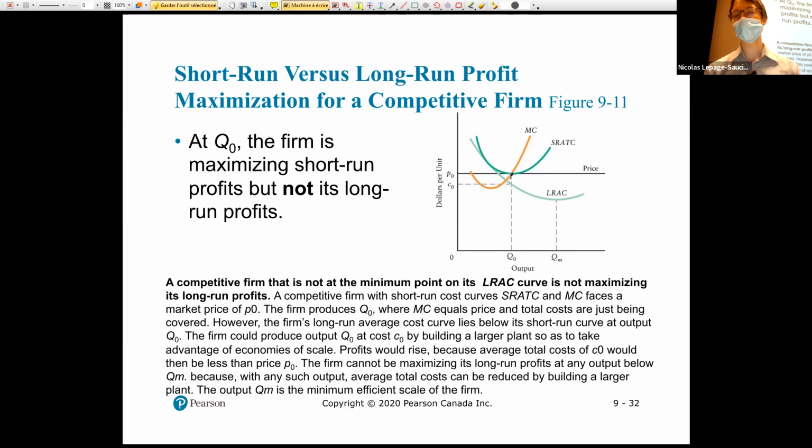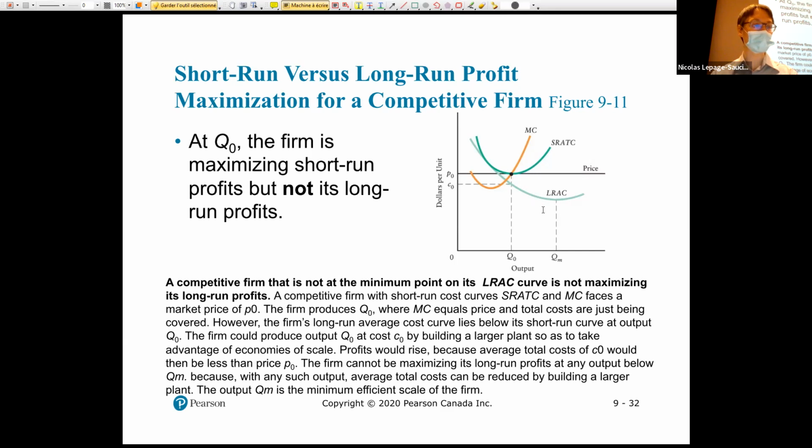Well, it means that a firm that did decide to produce that quantity did not make a very good decision, because it could have decided to invest more, say buy more capital, so that its short run average total cost could have been, say, right here, for instance.